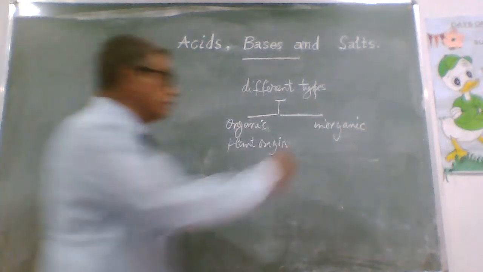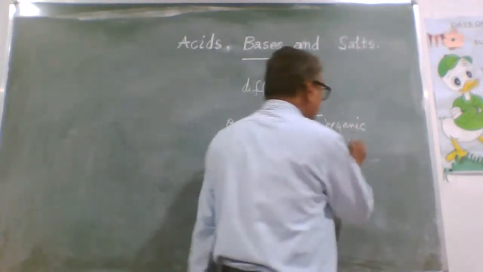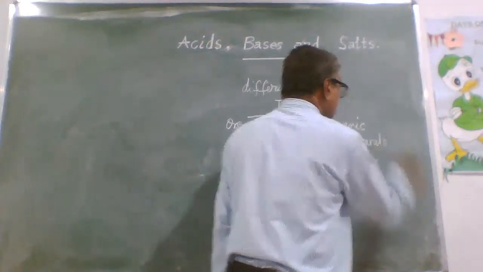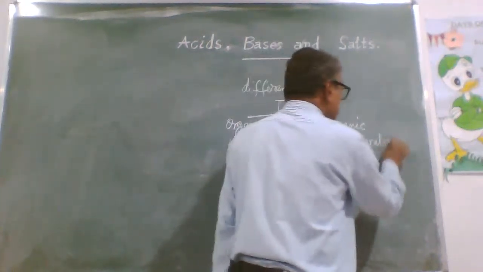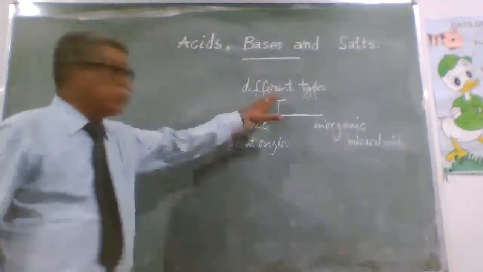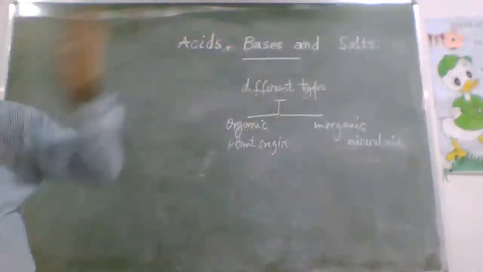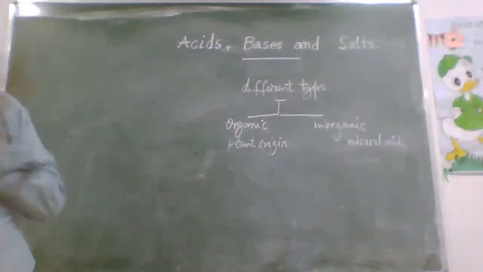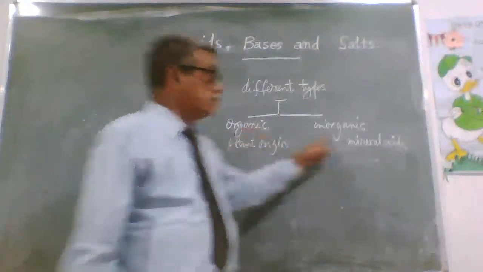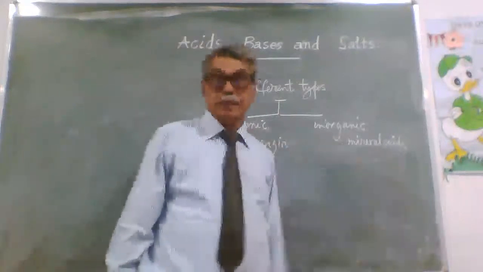And inorganic acids are mineral acids. They are from minerals. So depending upon the origin of acid, acids can be divided into two types: organic acids and inorganic acids.